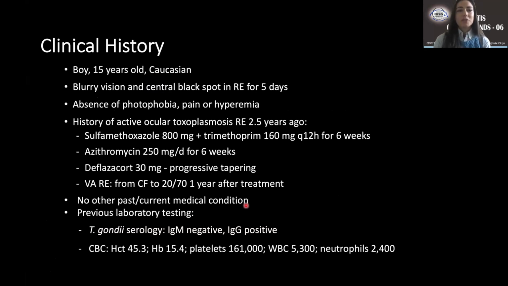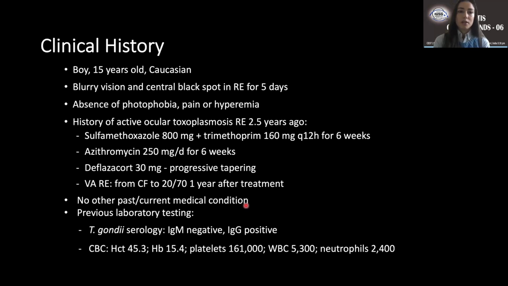So the clinical history of our patient: a 15-year-old Caucasian boy that showed up at the clinic with blurred vision and a central black spot in his right eye for the past 5 days. There was no other ocular symptom associated, and he had a history of active toxoplasmosis in the same eye 2.5 years previously, when he was treated with sulfamethoxazole and trimethoprim associated with azithromycin for 6 weeks, and he also used deflazacort, which is a derivative of prednisolone, with progressive tapering.